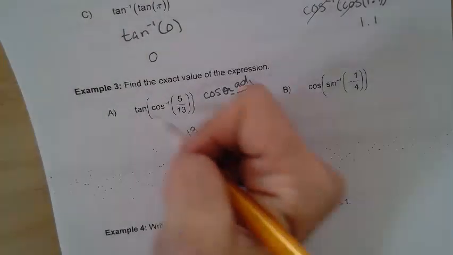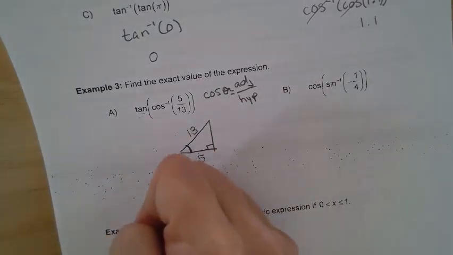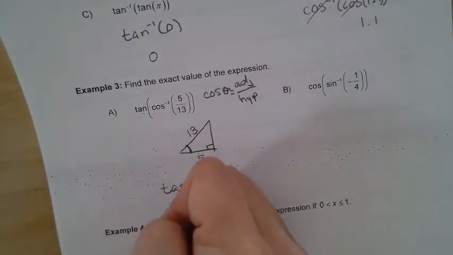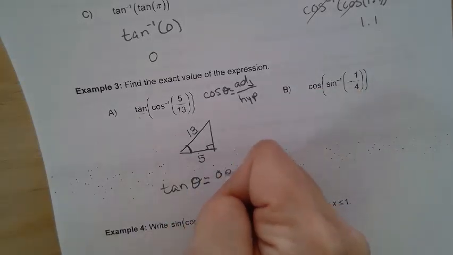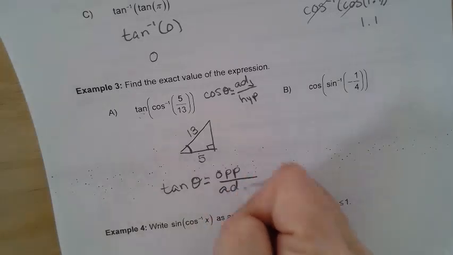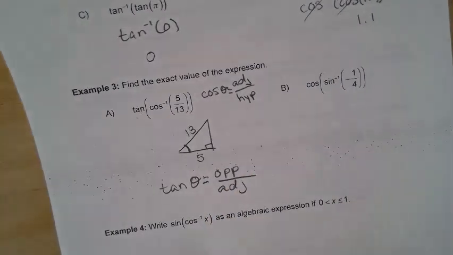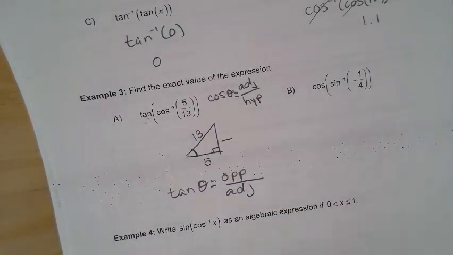That allows us to solve for tangent now. But tangent is opposite over adjacent. So what we must do is use the Pythagorean theorem to find our opposite side.